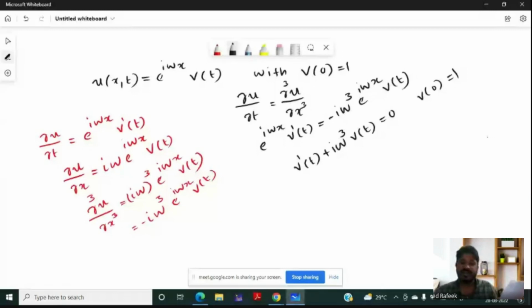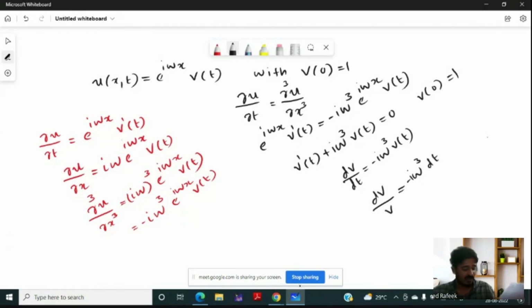So dv by dt plus i omega cube v of t is equal to 0. From this, dv by dt is equal to minus i omega cube v of t. By the method of separable variables, dv by v is equal to minus i omega cube dt. Solve it.